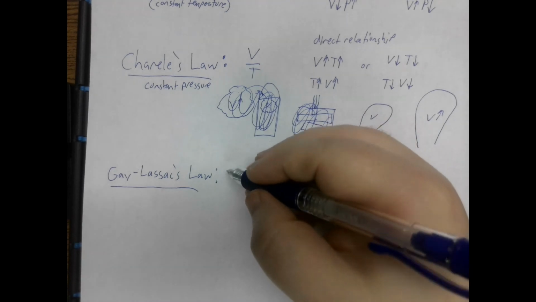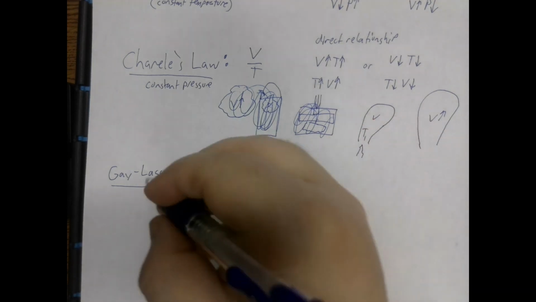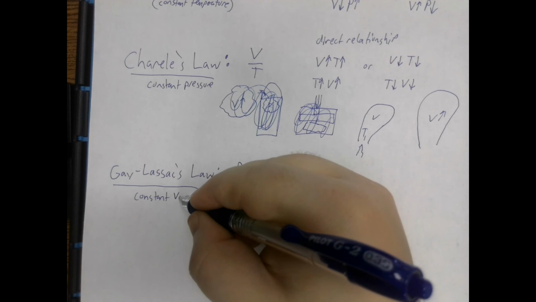Gay-Lussac's law states that pressure and temperature are related. This assumes constant volume.